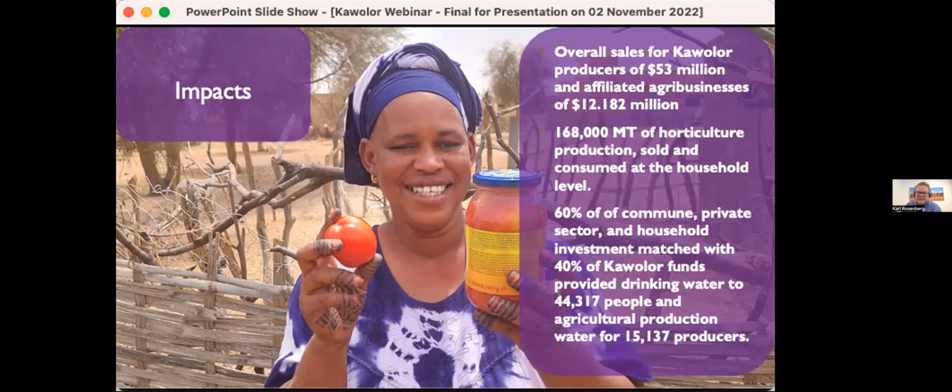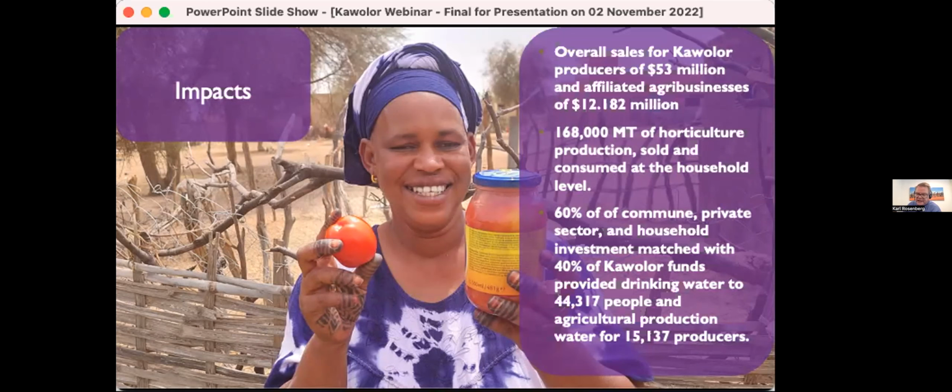168,000 metric tons of horticulture production. This is once again largely and predominantly by these Dabogale groups in either micro gardens or in common gardens that they hold together. 60% of the commune's private sector households' investment matched 40% of Kawolor funds to provide water.